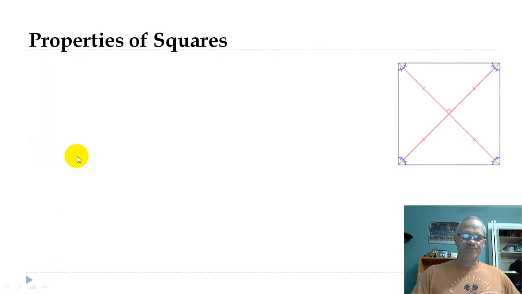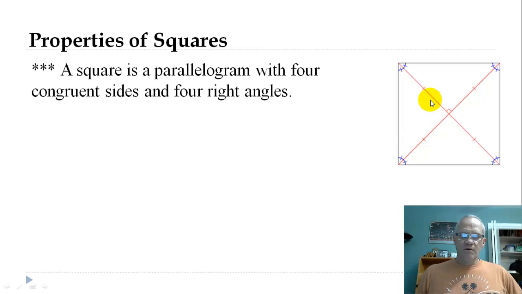All right, good. All right, squares. Let's talk about squares now. This is an example of a square I've got over here now. First of all, a square is just a parallelogram, and it has 4 congruent sides. Oh, well, isn't that the same thing as a rhombus? Yes. But in addition to the 4 congruent sides, it also has 4 right angles.